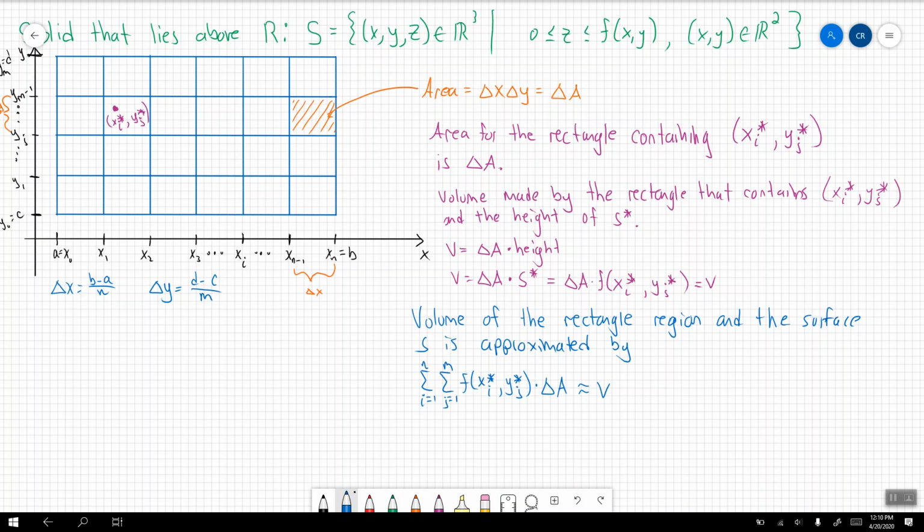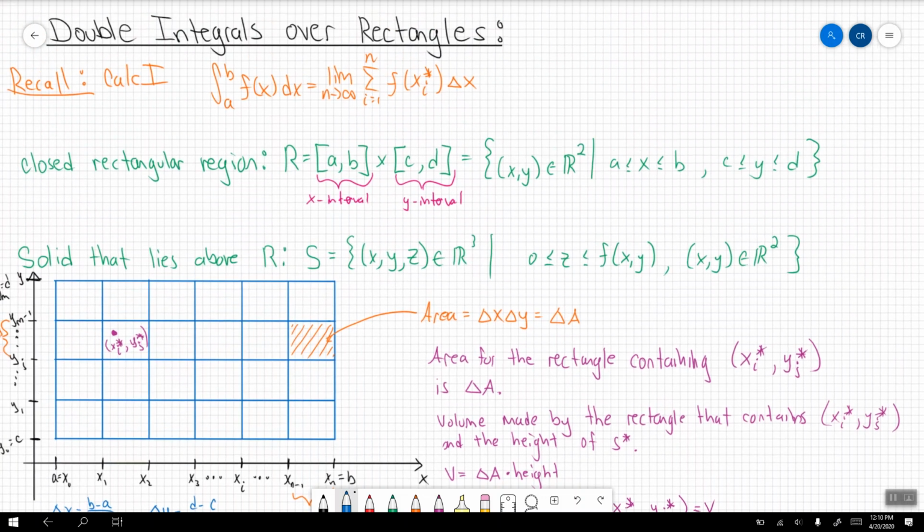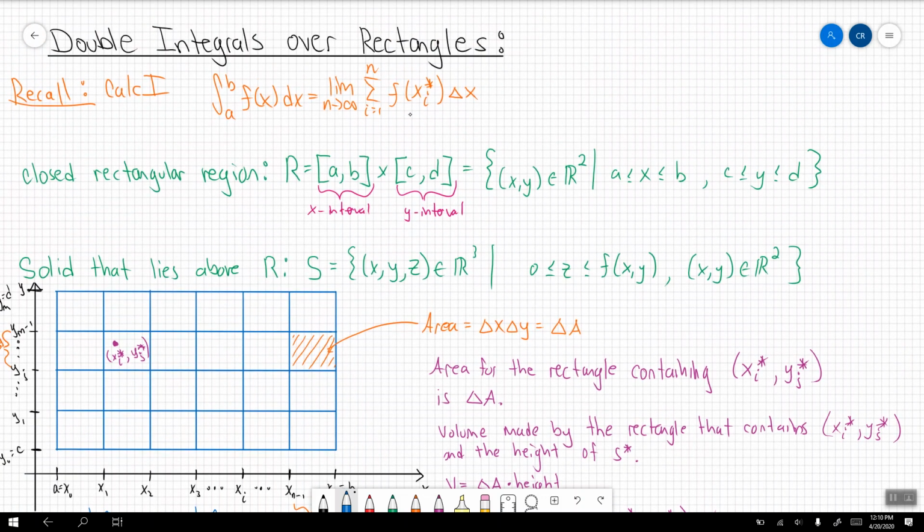But again, in the business of calculus, we're not in the business of approximating. We want a firm value. We want an exact value. So how can we get away with not approximating? Well, the way we do that is by this definition back in Calc 1. We operated using the Riemann sum, and that's exactly what we did.